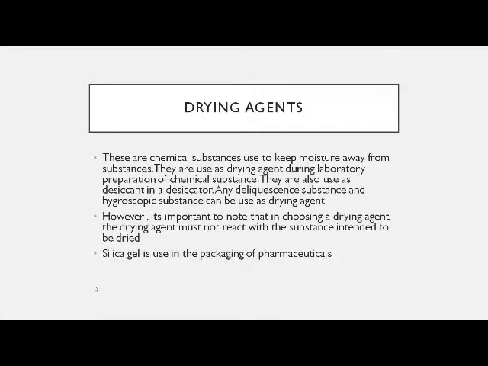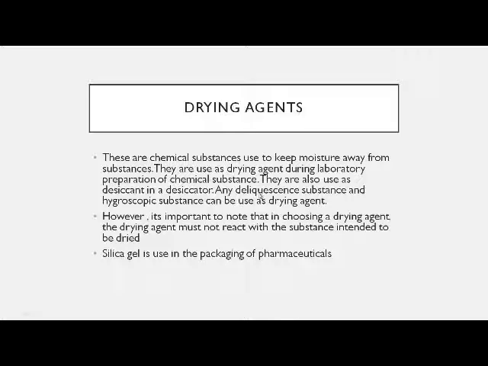Now, what is a drying agent? These are substances used to keep moisture away from substances in the laboratory. They are used as drying agents during laboratory preparation of chemical substances.